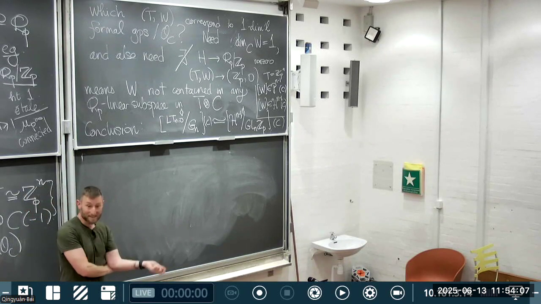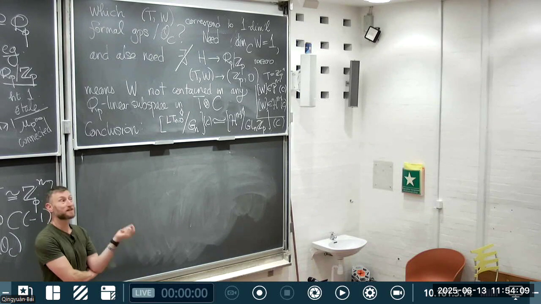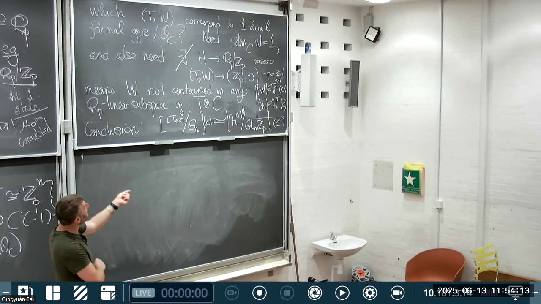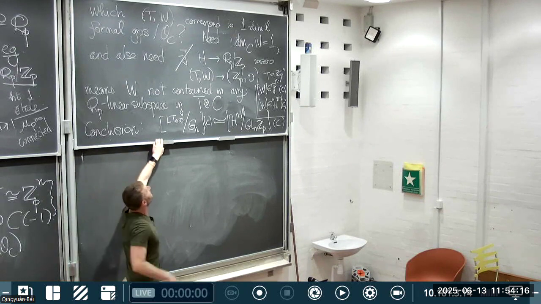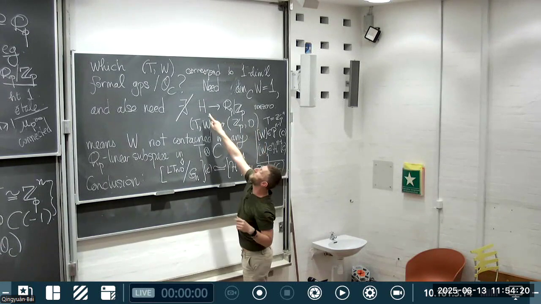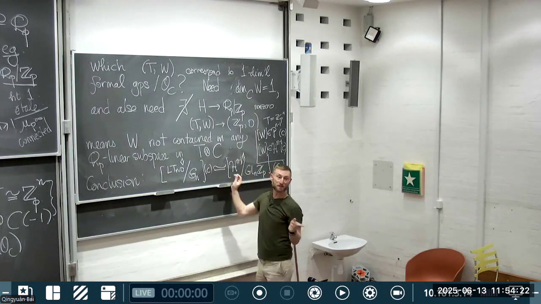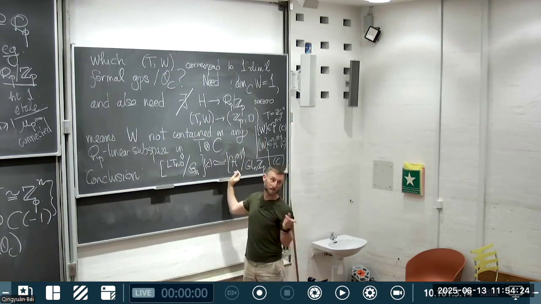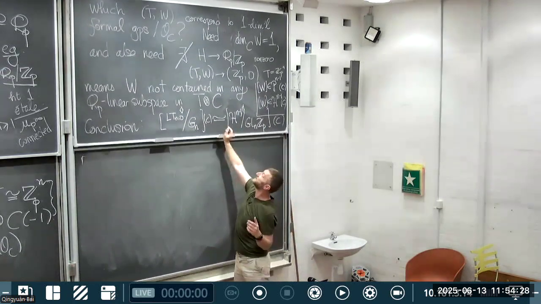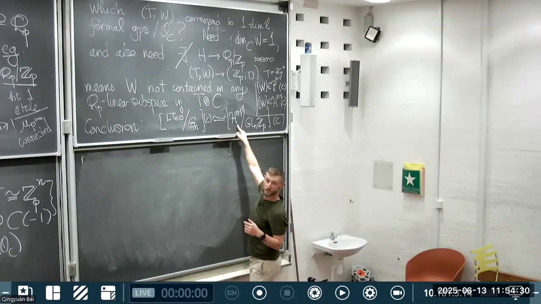If W was contained in such a thing, then there'd be some linear form that vanished on W. But that linear form would define a map from here to here. And then you would get a map from H to Q_p mod Z_p that's non-zero, and then H would be disconnected. So the key fact is that H is connected, and that's exactly what forces you to live here.